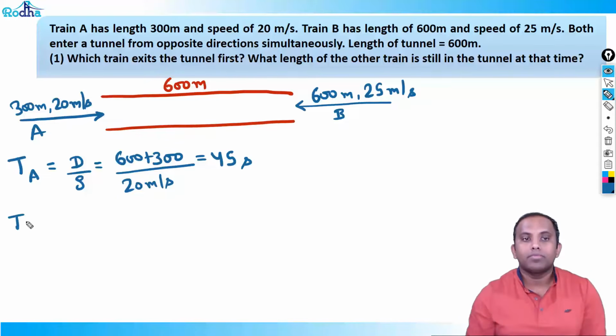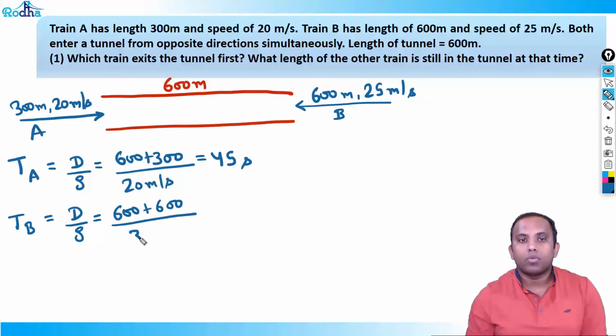Okay, for train B, again distance by speed, right? Now for train B, its length is 600 meters. This 600 meter train will completely cross a 600 meter tunnel in how much time? So 600 plus 600 total distance divided by 25 meters per second, that is 1200 by 25, it is 48 seconds.